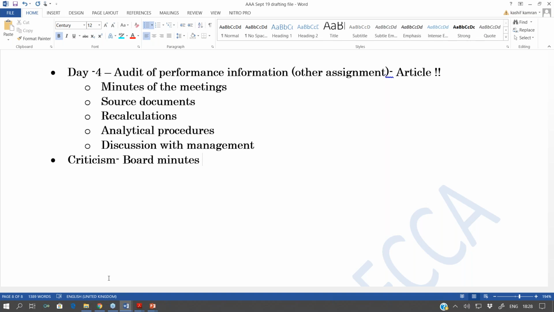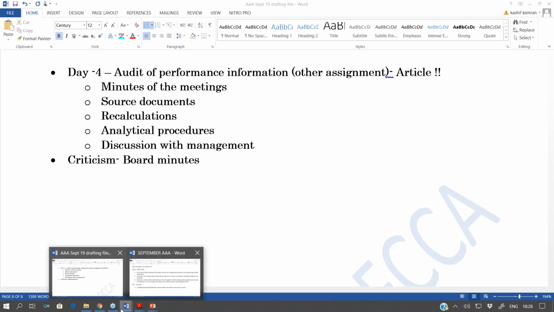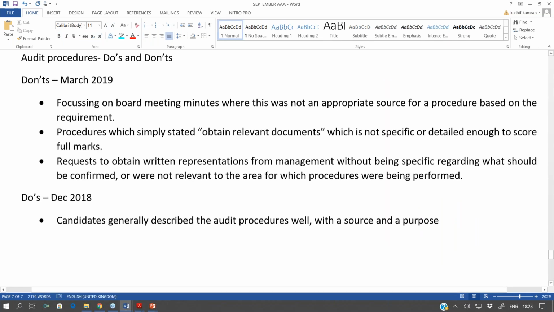Examiner thinks that students try to use the board minutes in almost every situation. Now let's first see the criticism of the board minutes: are we using them in the right manner in the exam paper, or not? I just want to show you a criticism of the examiner right in front of your screen.